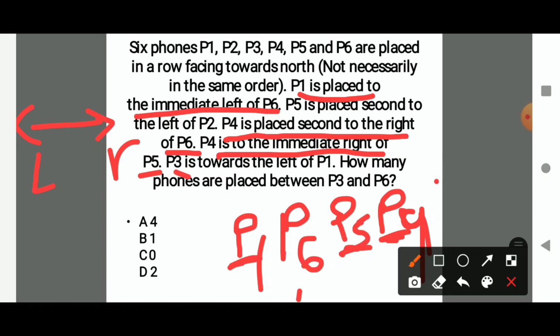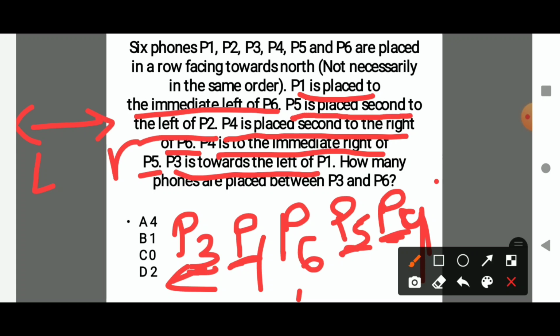And the next one is, P3 is towards the left of P1. The left of P1 is this side, so here P3. So there will be another equation. P5 is placed second to the left of P2. If P2 is here, left side is this side, so P5 is second to the left.